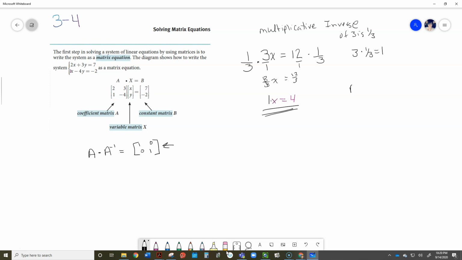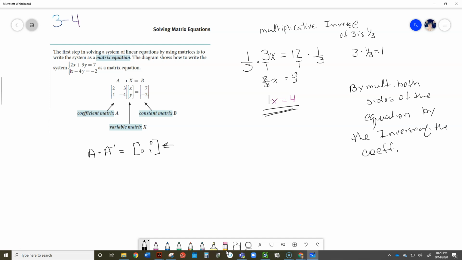So by multiplying both sides of the equation by the inverse of the coefficient, see all these rich vocabulary words?